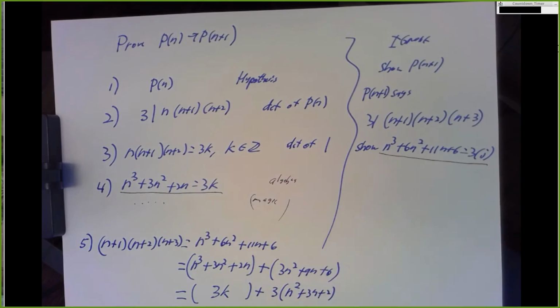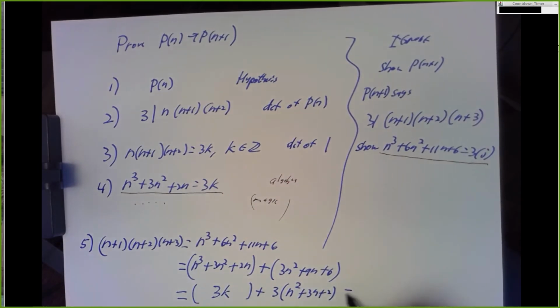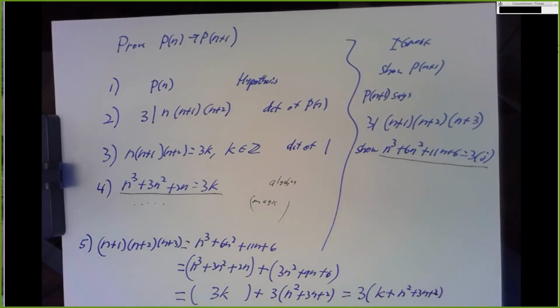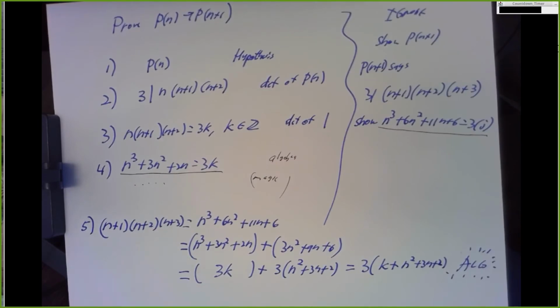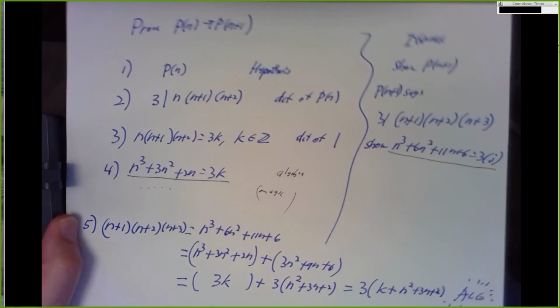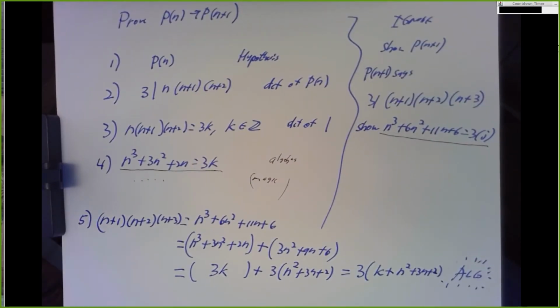And now I've got 3 times something plus 3 times something, so I can write this as 3 times integer k plus n squared plus 3n plus 2. And that's algebra with little magic symbols around it. And what did we just do in that big long line of algebraic trickery?